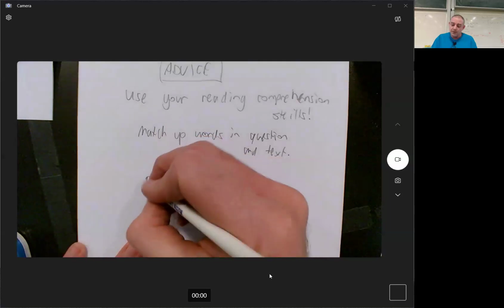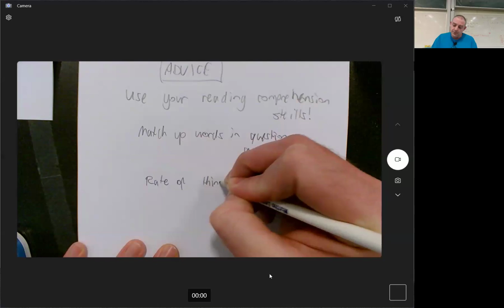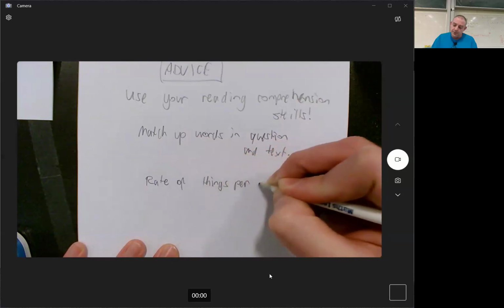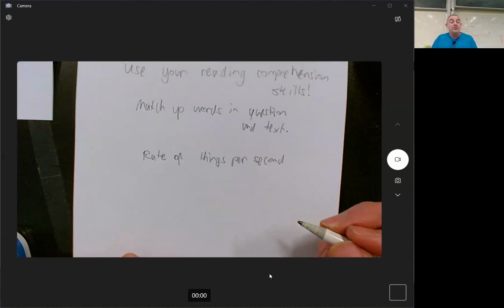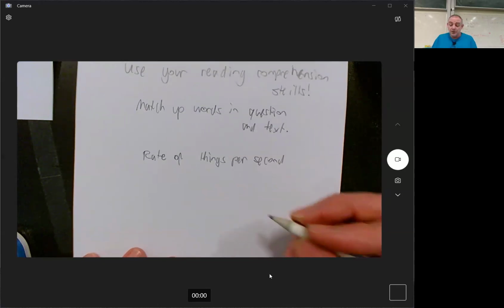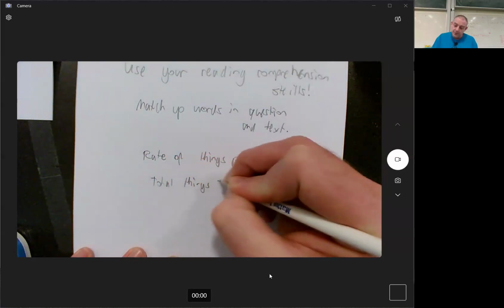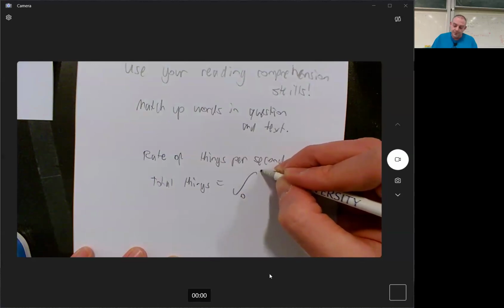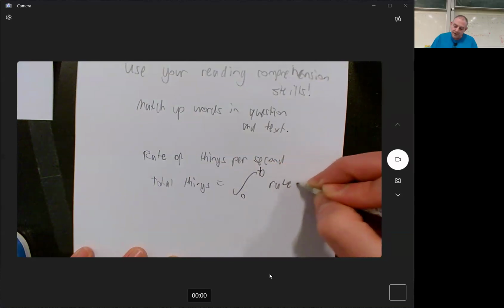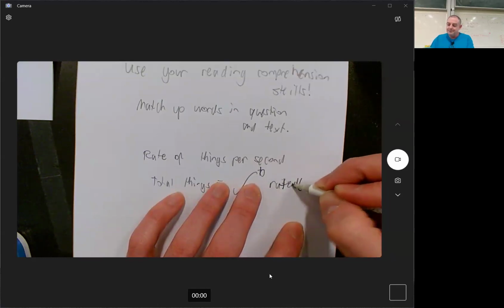So if you have a rate of things per second, and it changes continuously as the seconds change, then the total things will be the integral from 0 to wherever of the rate dt.